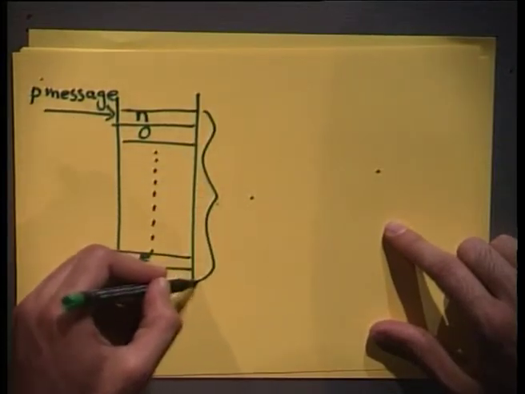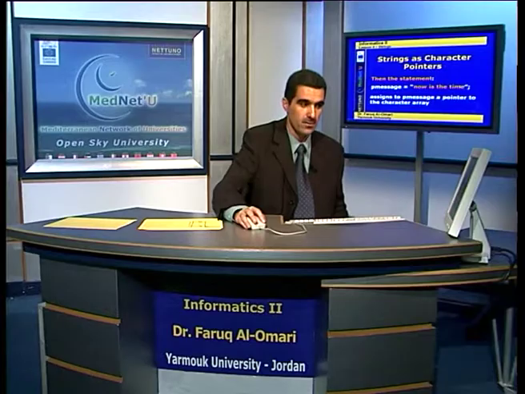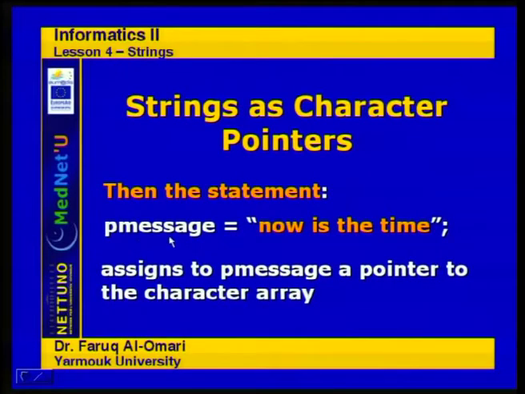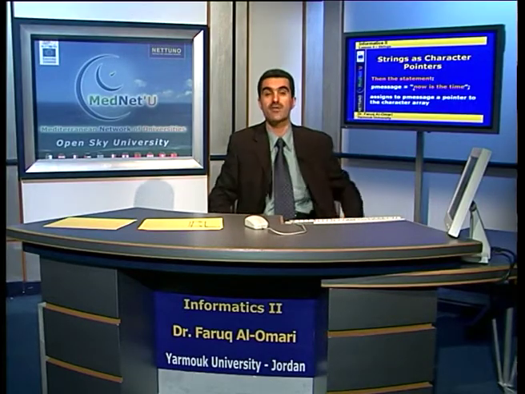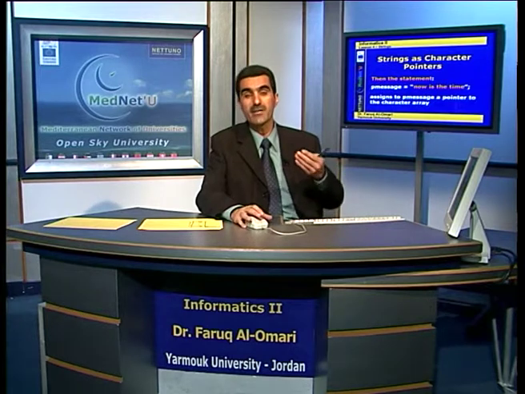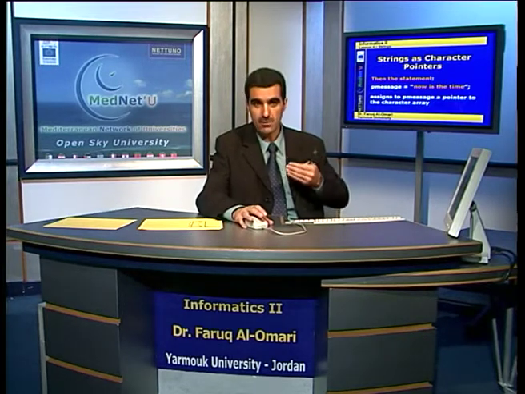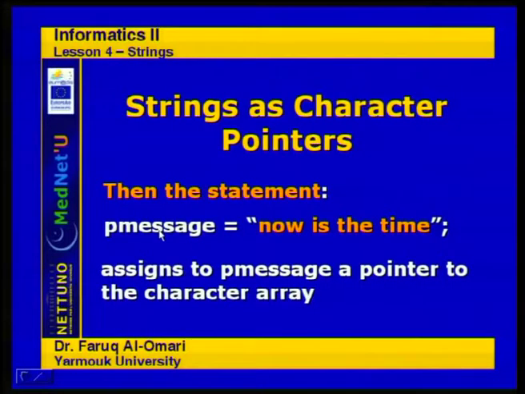The size of this block depends upon the size of the string. So pmessage is going to refer to all this block. As a matter of fact, it's going to be pointing to the first character. It's just one pointer that points to one character, definitely the first character in the block. Once I know the address of the first character, and I know that this block is contiguous in memory, then the address of the next is pmessage plus 1, then pmessage plus 2, this is the blank, pmessage plus 3, and so forth.